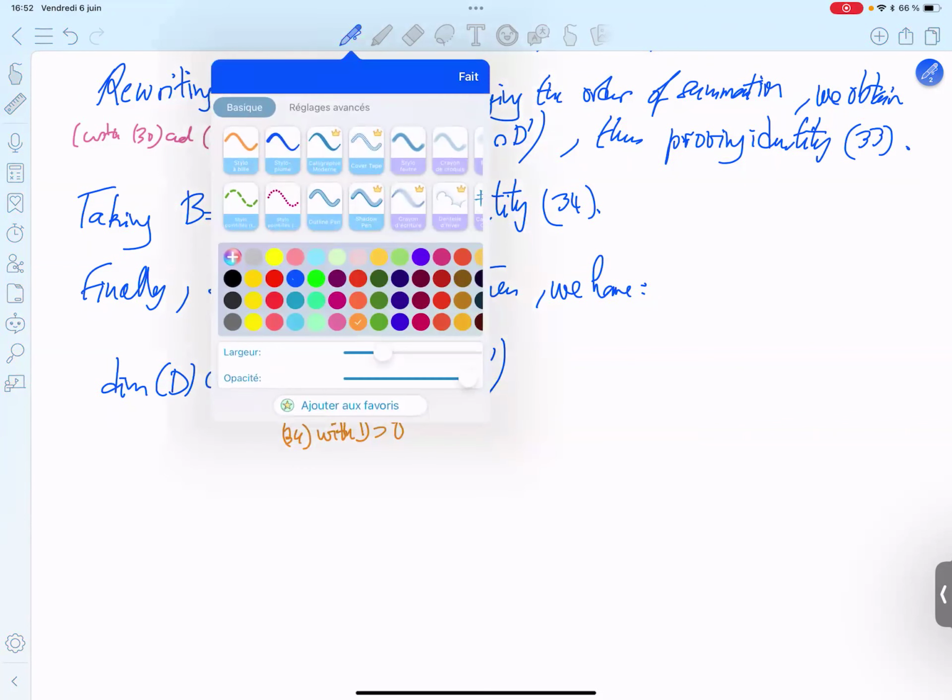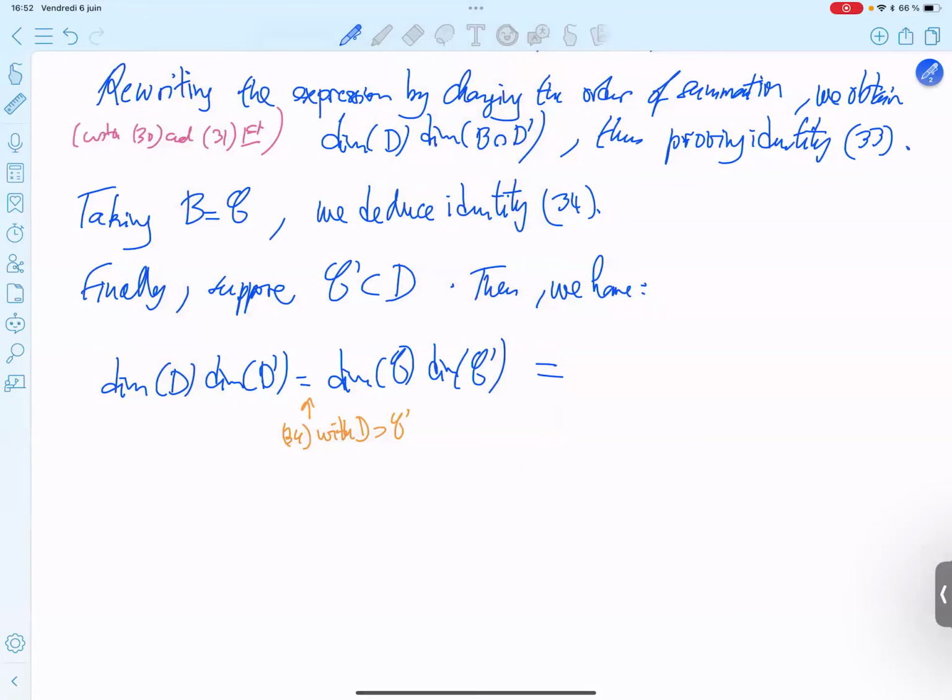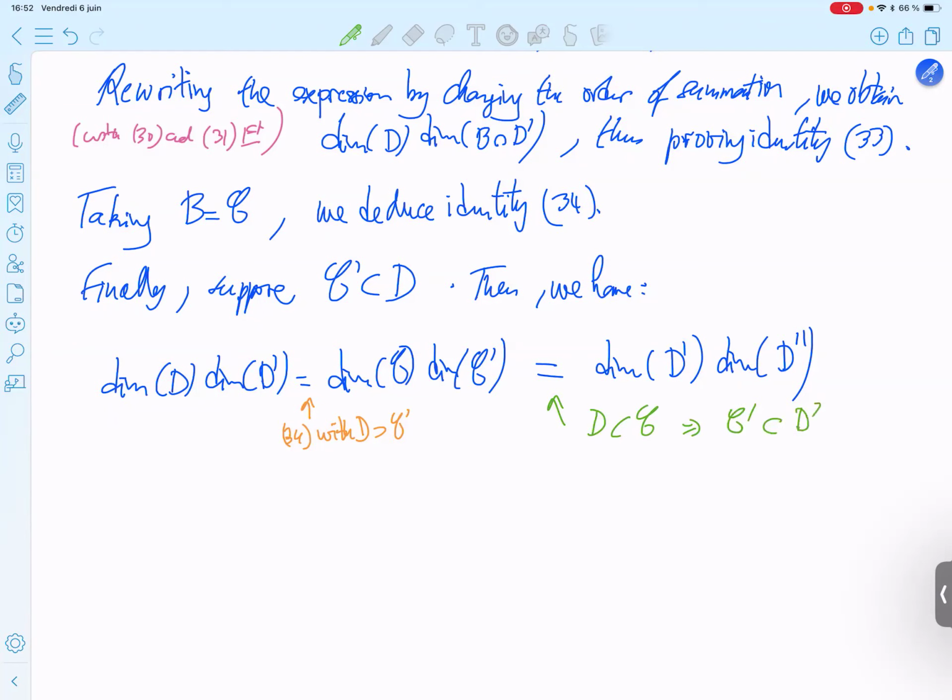Okay, and then this is equal to, and that we will explain why, dimension of centralizer of D times dimension of the double centralizer of D. And why this is true here is because D is a subcategory of C. This implies the centralizer of C is a subcategory of the centralizer of D. So you apply 34 with D prime containing C prime.